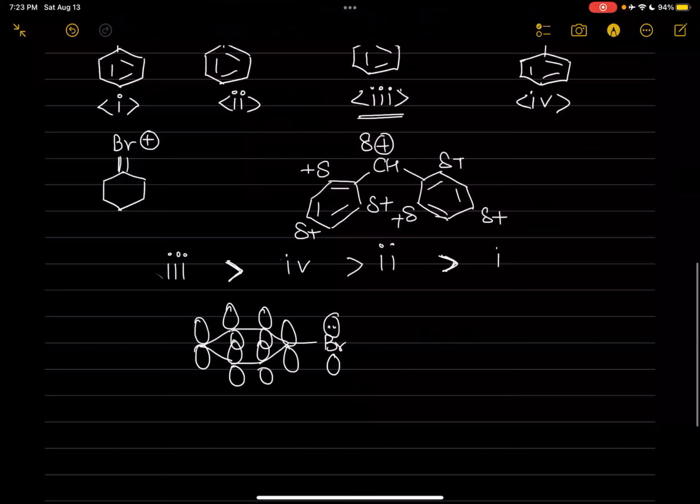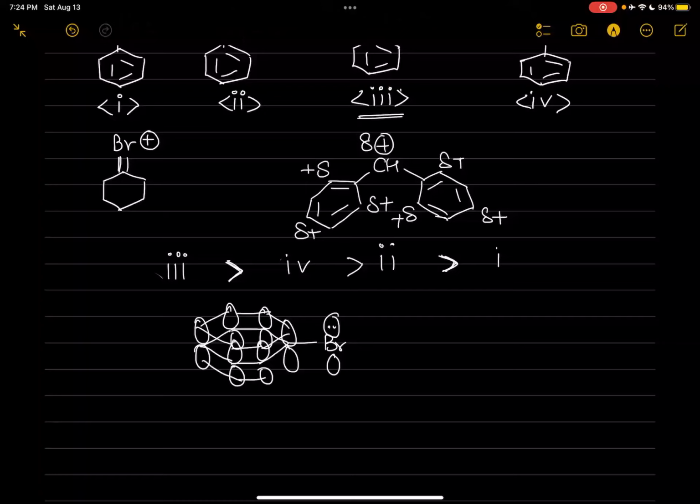The pi electrons overlap together and move throughout the ring. That has caused stability. This is the phenomenon of resonance. The Br lone pair is also very adjacent and can join these pi electron densities.